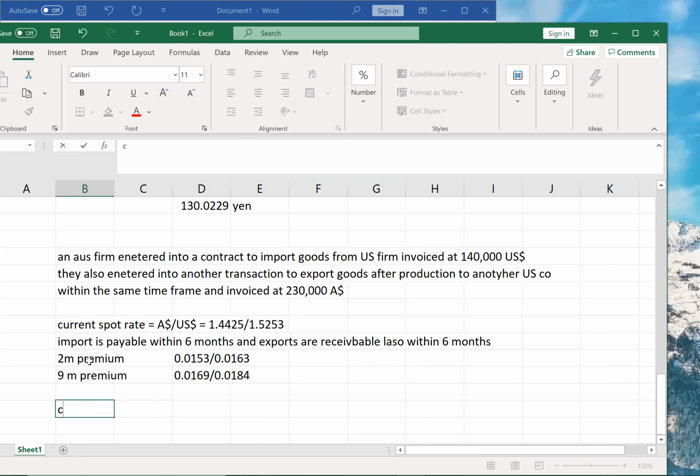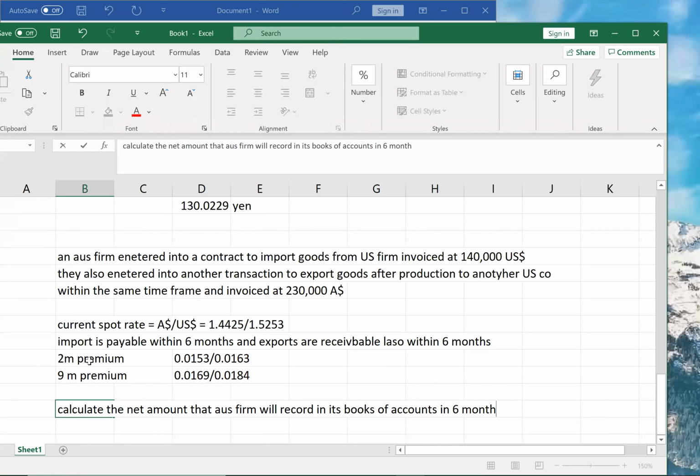Calculate the net amount that the Australian firm will record in its books of accounts in 6 months time.